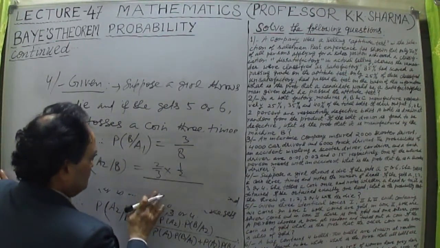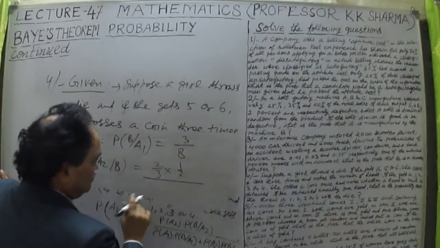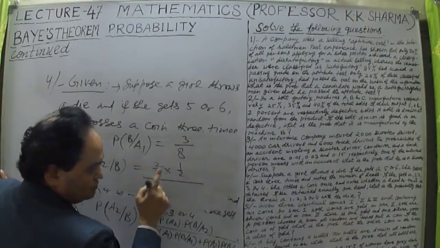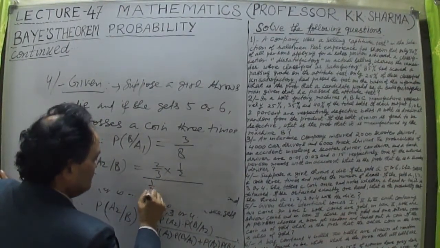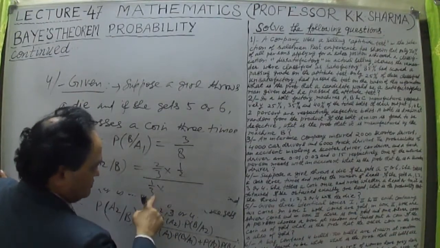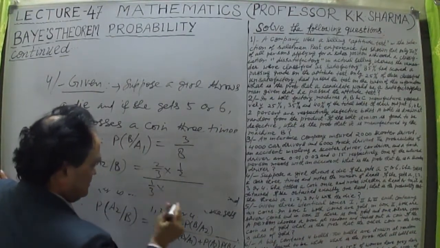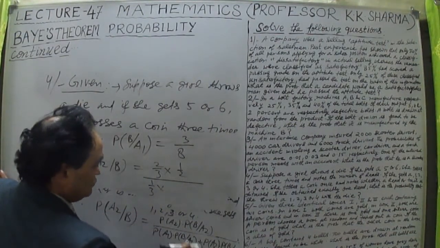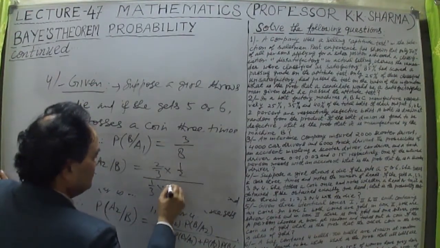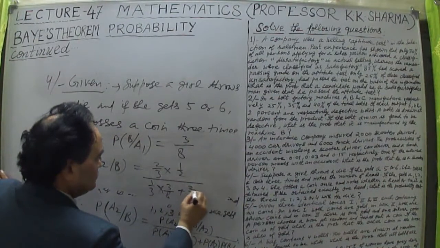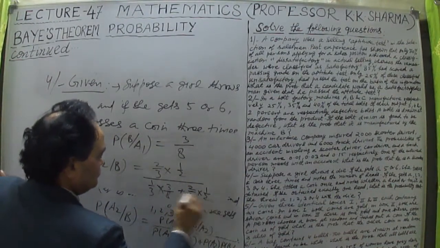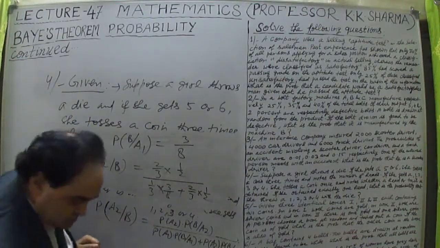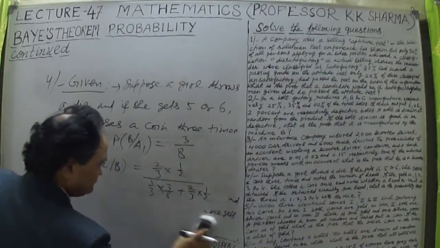With the probability of A1, next one, 1 upon 3, because 2 upon 6 is 1 upon 3. Probability of A1 is 1 upon 3, into probability of B upon A1, this is 3 by 8, plus these two values, 2 upon 3 into 1 upon 2. Let me sum them.